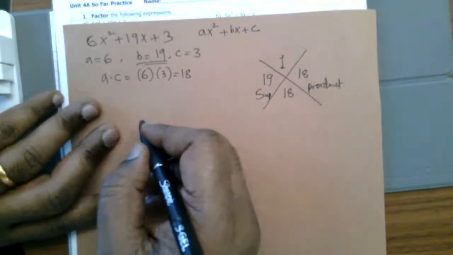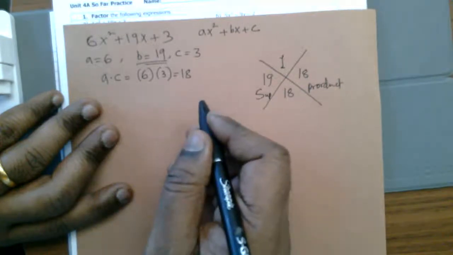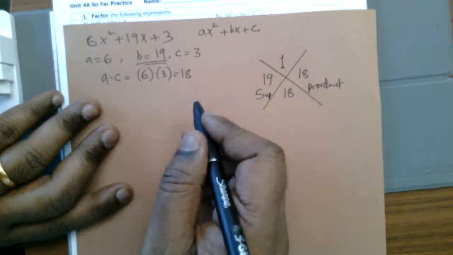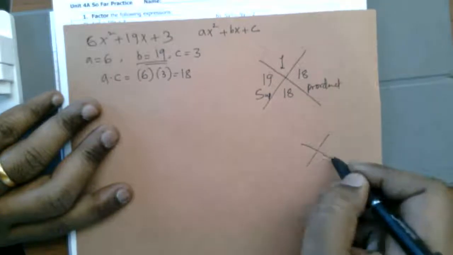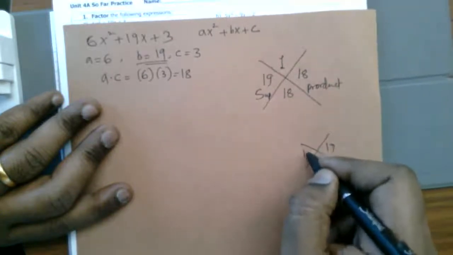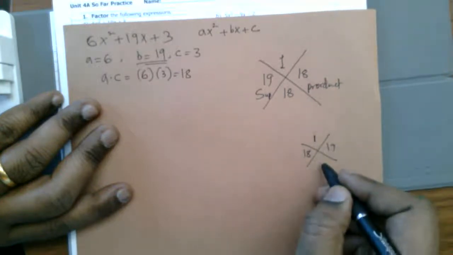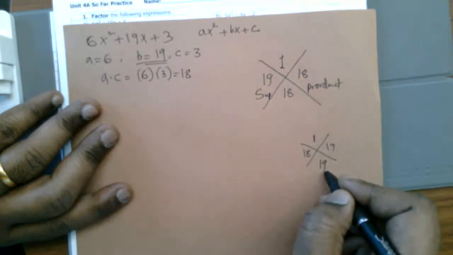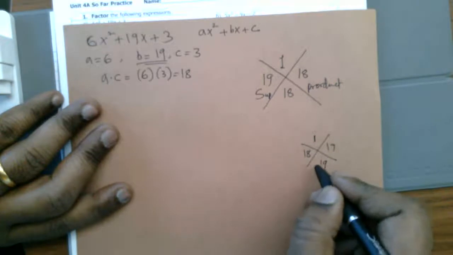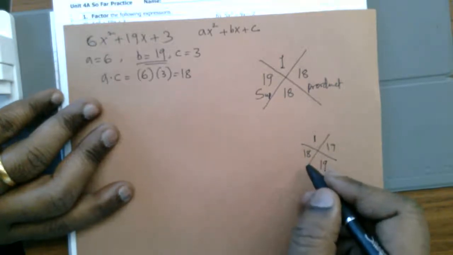Okay, so what if that's 20 and that's 19? Here 19 and there 18. Still, I'll take a 1. 1 times 19 is 19. 1 plus 19 is 20. So it is not working.